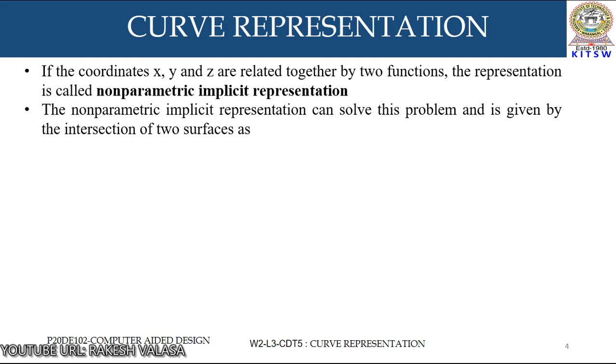Let us take the first function f of x comma y comma z equals 0, and the second function g of x comma y comma z equals 0. Here the coordinates x, y and z are related together by two different functions. This type of representation is called non-parametric implicit representation.